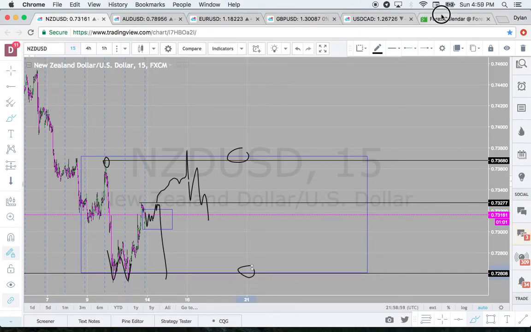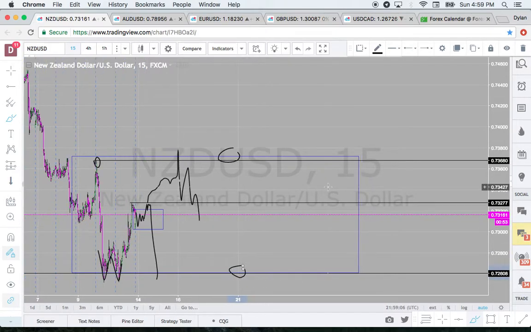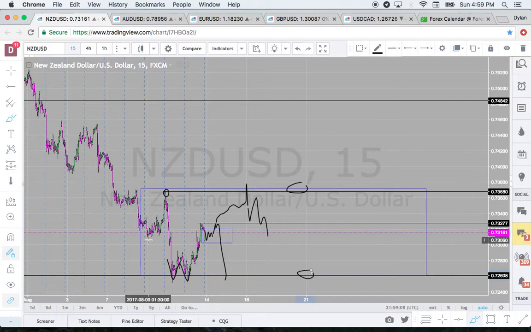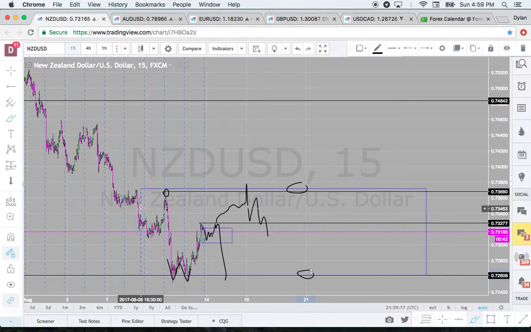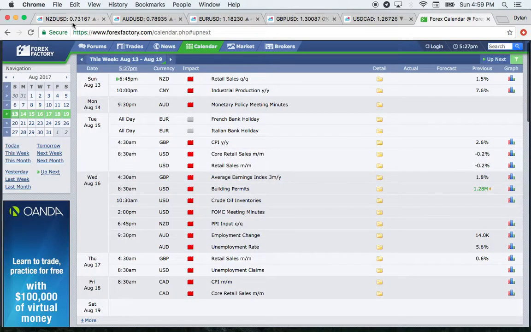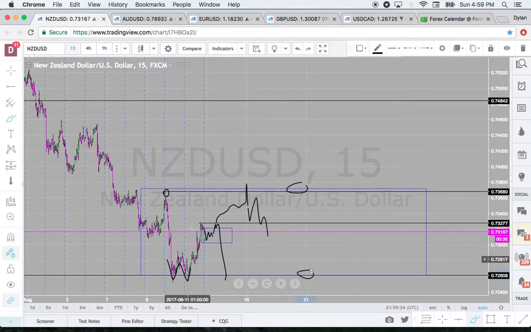Remember that the highs and the lows and the high impact news events are used in correlation with each other. So use them to your advantage.